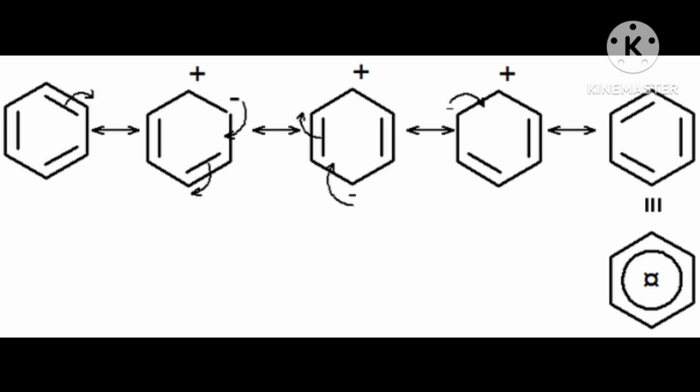Now I am going to tell about aromaticity. Generally, all will think that benzene is the only aromatic compound, but it is not like that. Try to understand. Benzene was considered the parent aromatic compound.